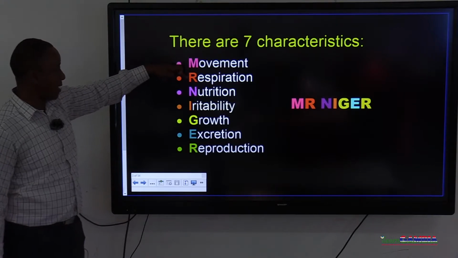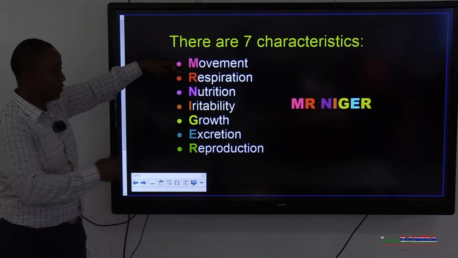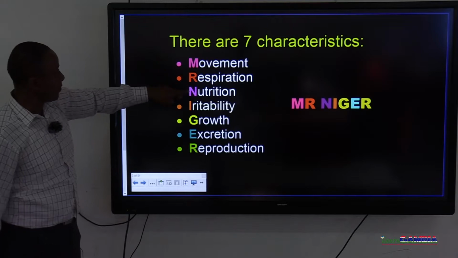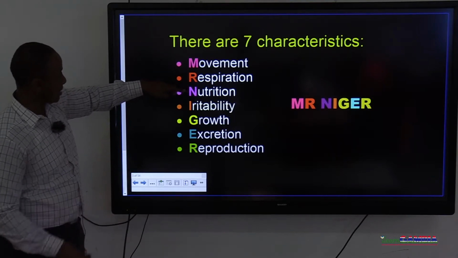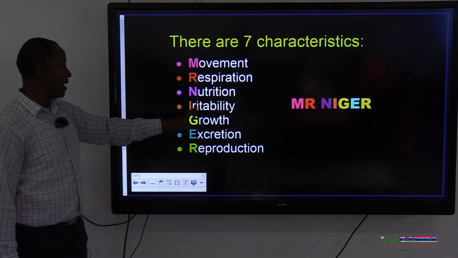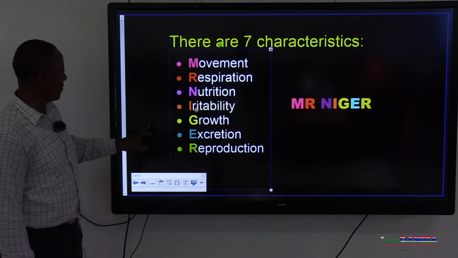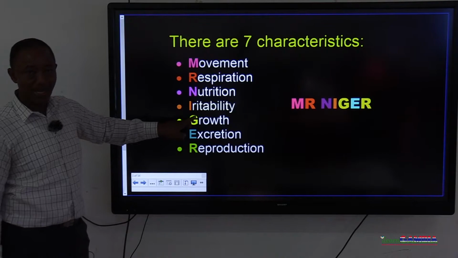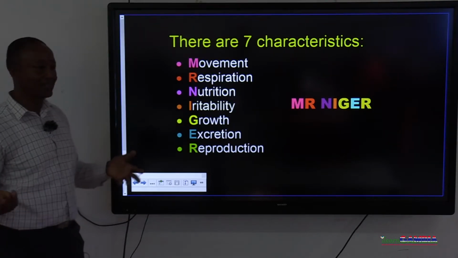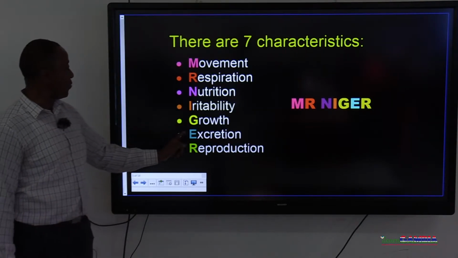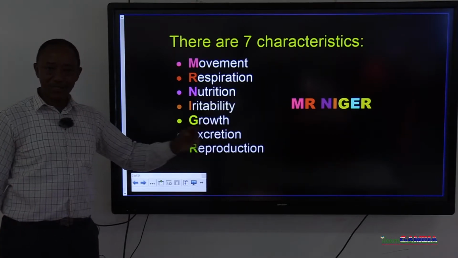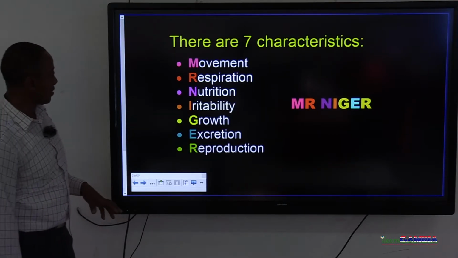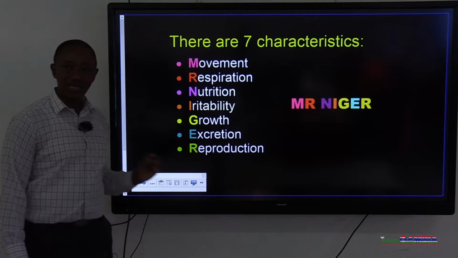It can carry out respiration by using oxygen to burn the fuel. The fuel itself is taken as food, feeding. It is sensitive to changes in the environment, but it cannot grow. The car cannot grow. It cannot change size. And it's able to excrete, take out waste, smoke, and dust from the exhaust. But reproduction, it cannot do.